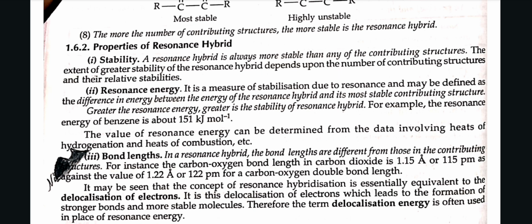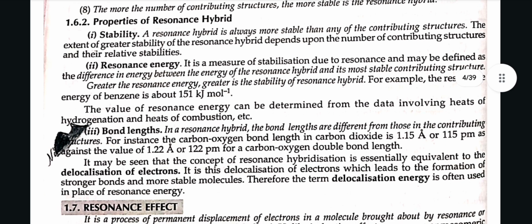For instance, the carbon-oxygen bond length in carbon dioxide is 1.15 angstrom or 115 picometer, as against the value of 1.22 angstrom or 122 picometer for a carbon-oxygen double bond length. It may be seen that the concept of resonance hybridization is essentially equivalent to delocalization of electrons.